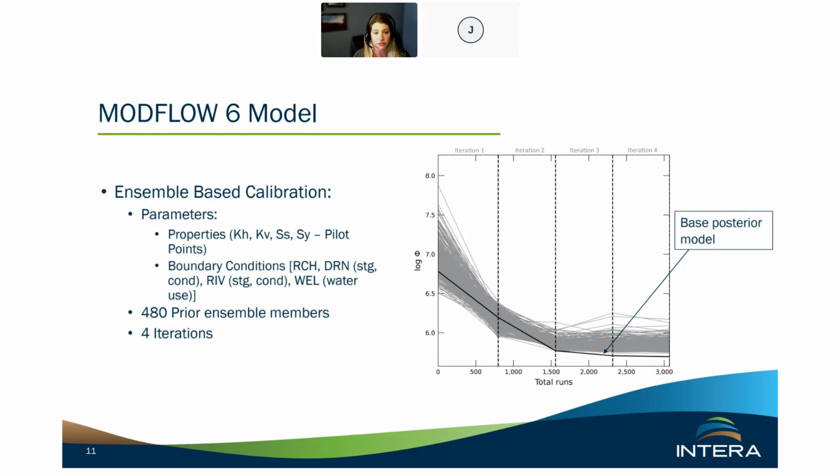You can see the objective function is reducing across the entire ensemble. That's those gray lines. And then additionally, that base posterior model, which is essentially your best pick from the ensemble stack if you wanted to move forward with just one model. And in this case, we actually use our base posterior model for our optimization analysis. So that's really the model we're focusing on. The ensemble stack does come into play later, though, when we talk about reliability.